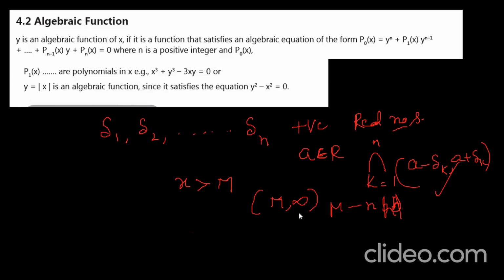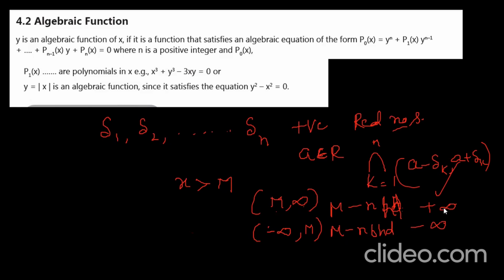You understand? This is the m neighborhood of plus infinity, and the m neighborhood of minus infinity is (minus infinity, m).